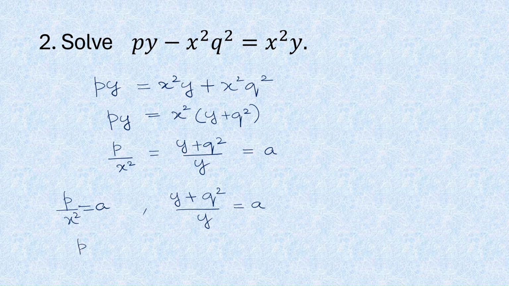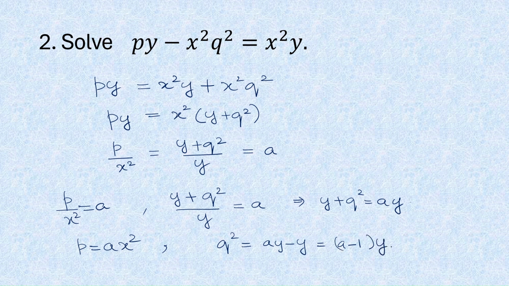So p is equal to a into x square, and then here we have to get q. Cross multiplying, we have a into y. So this q square can be written as ay minus y, or otherwise a minus 1 into y.